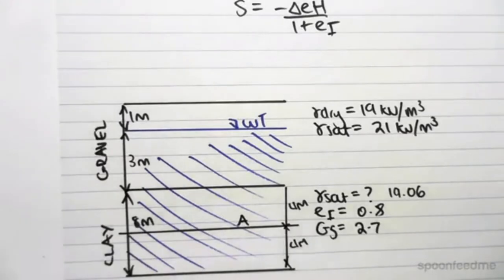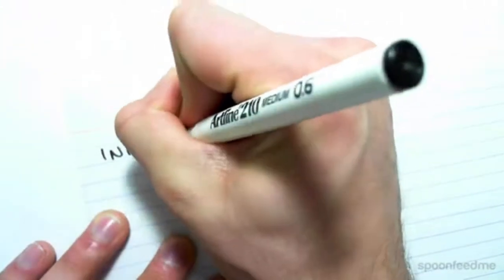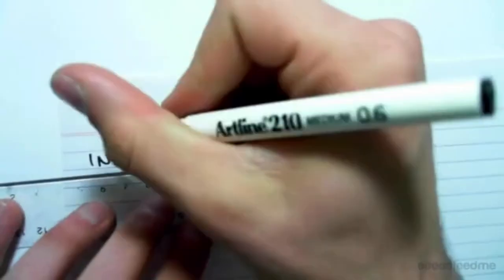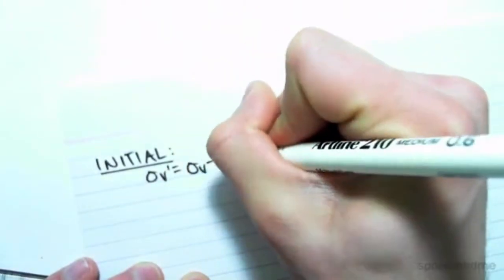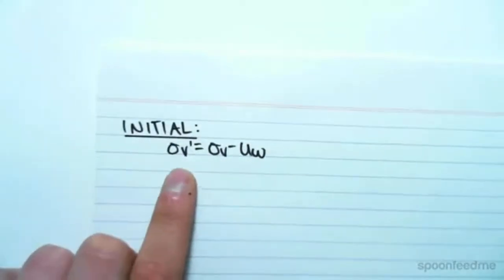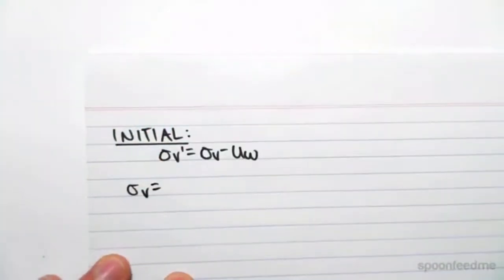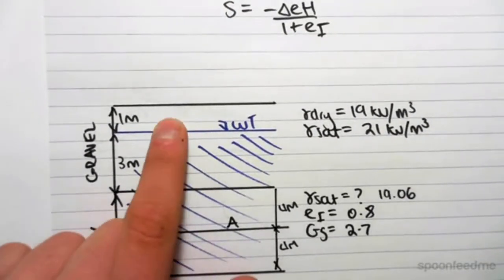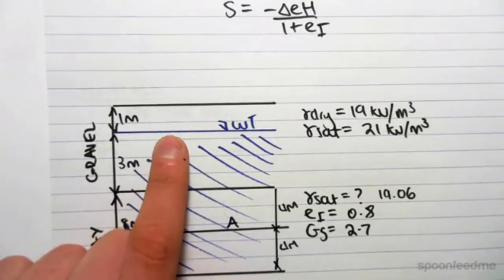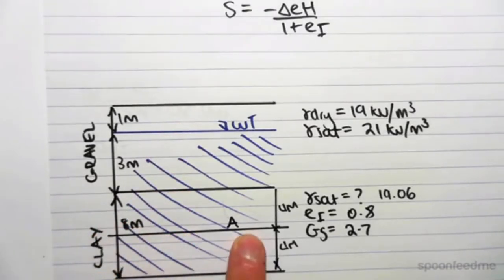So let's go ahead and do that. For the initial conditions, we're going to be using the formula sigma V dash equals sigma V minus the pore water pressure. So the effective stress is the total stress minus the pore water pressure. For the total stress, we come to our diagram and see that we have 1 meter of dry gravel, 3 meters of saturated gravel, and 4 meters of saturated clay from A. We always go from the center of our layer.